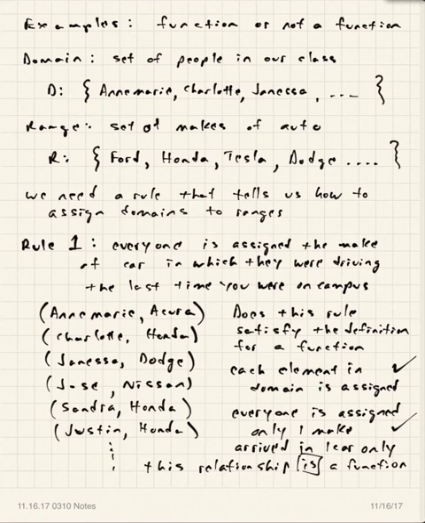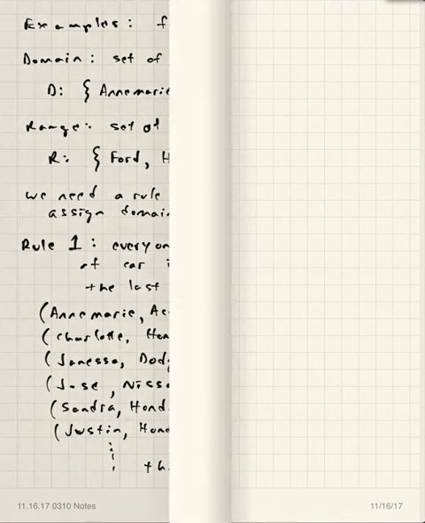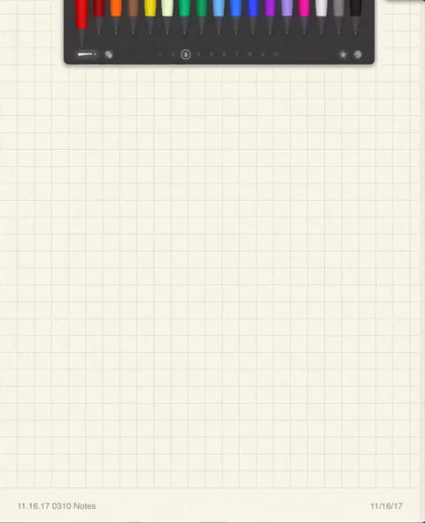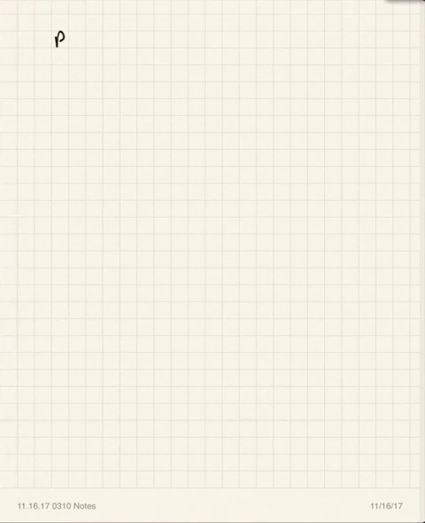The other thing to point out is that most of the time in algebra, when we deal with a function, we usually name it, and we usually name it with a letter. So if we took rule 1, the one we just stated, we might name it F, right? F, G, and H are the most common letters to use.